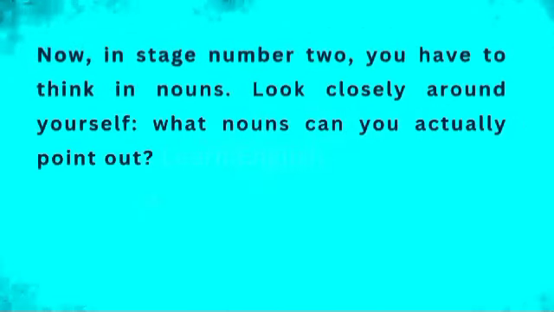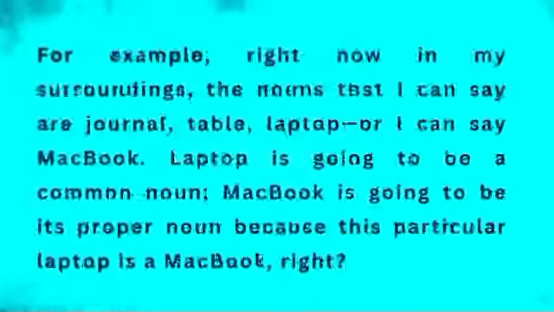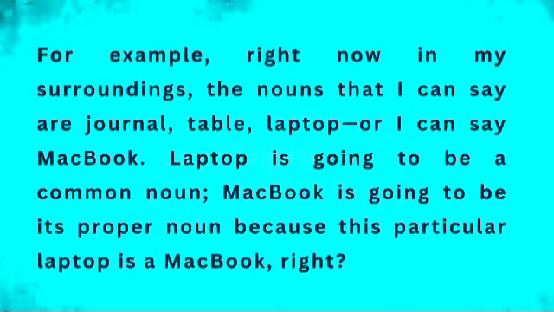Now in stage number 2, you have to think in nouns. Look closely around yourself. What nouns can you actually point out? For example, right now in my surroundings, the nouns that I can say are journal, table, laptop, or I can say MacBook.